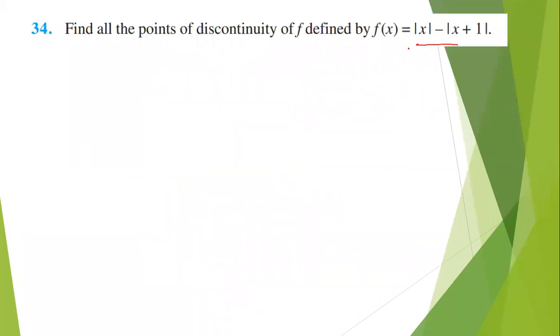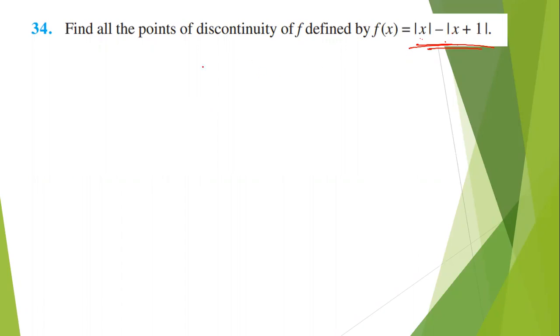Next one. So here what we need to take? Yes, Aditya, it's by algebra of continuous functions. Find all the points of discontinuity of f defined by f of x is equal to modulus of x minus modulus of x plus 1.